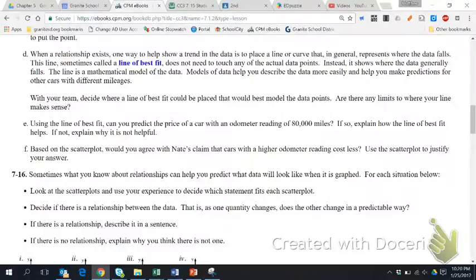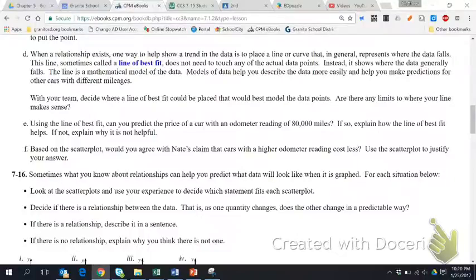Models of data can help you describe data that more easily helps you to make predictions of other cars and different mileages. With your team, decide where a line of best fit could be placed that would best model the data. Are there any limits to where your line makes sense? So here's what I want you to do.